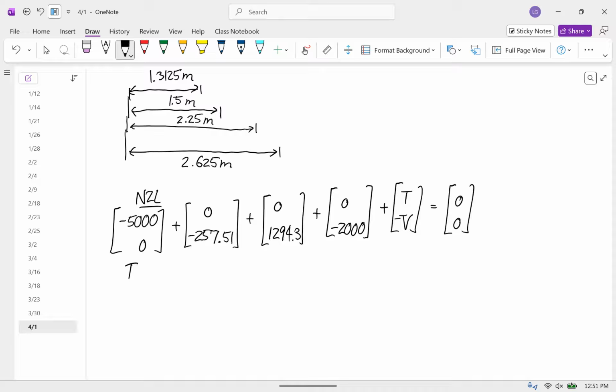And so T is equal to 5,000. And V is equal to negative 963.21.